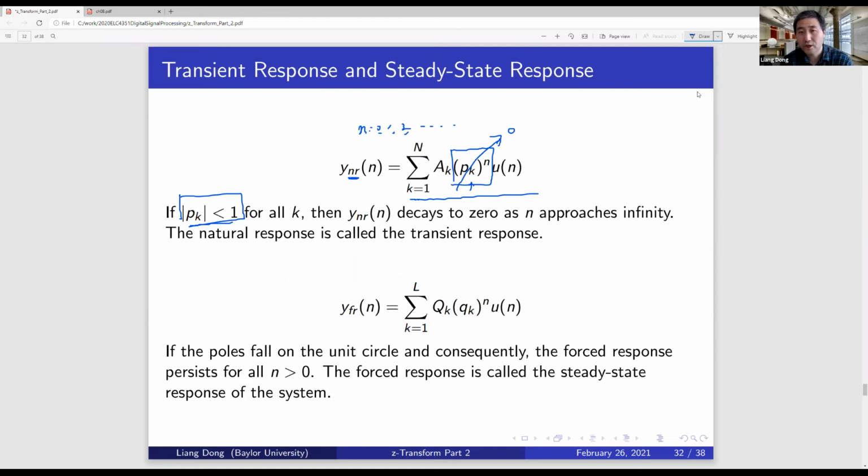It's not going to jump immediately. The system will evolve or adapt itself to the final input. So eventually the transient effect will die out. It will follow the input. The transient phenomenon will die out. So this is the decay. That's the natural response. The second term is the forced response.